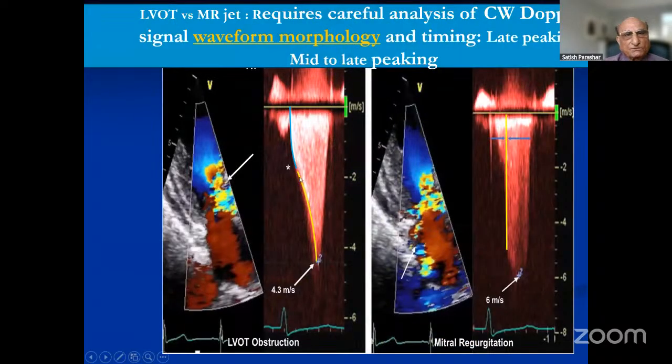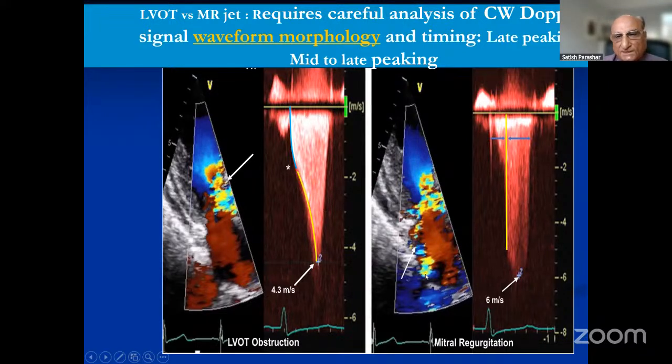Now this is a representation of a typical dagger-shaped LVOT waveform, in which initially there is a convexity because there is unimpeded blood flow. Then there is a sudden acceleration of the flow, giving rise to a late-peaking, dagger-shaped structure.